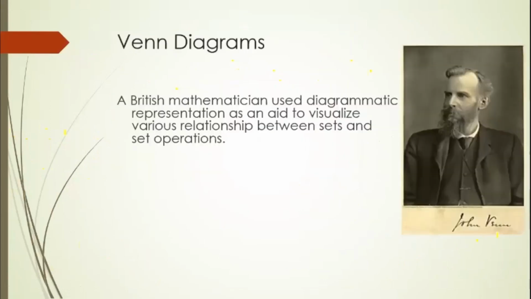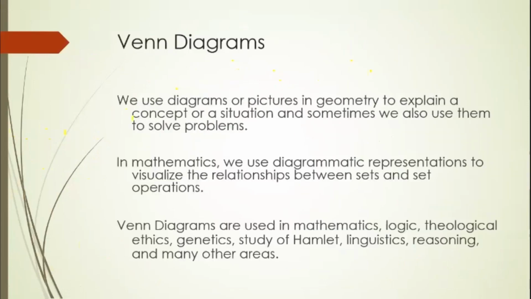John Venn, who is a British mathematician, used diagrammatic representation as an aid to visualize various relationships between sets and set operations. Actually, the Venn diagram is not just used in math, but it is used widely in many other fields like logic, theological ethics, genetics, study of Hamlet, linguistics, reasoning, and many other areas.